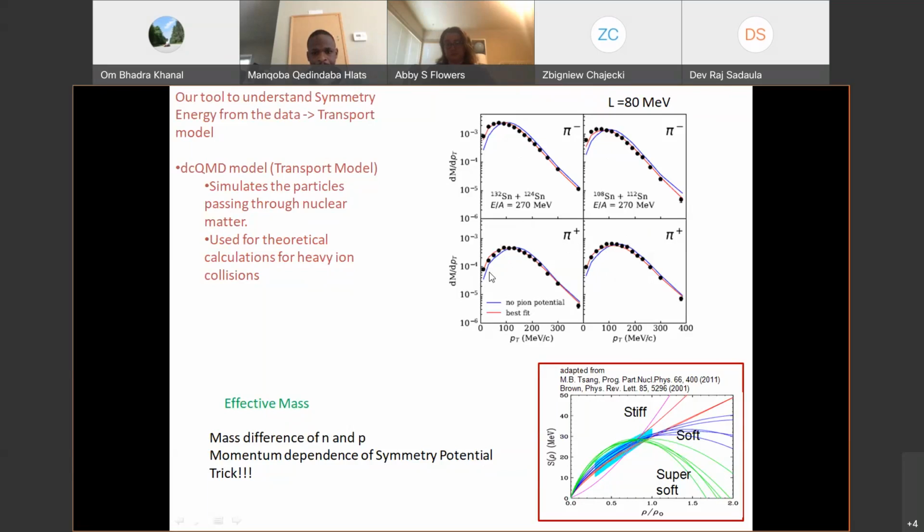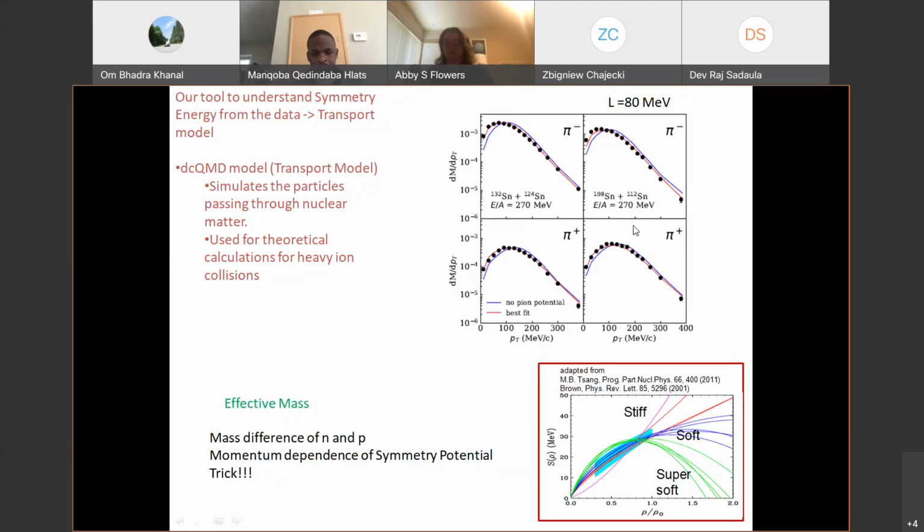And if you look above 200 MeV/c, these lines somehow agree with the experimental data. Like we can see, the pion potential does not influence the agreement with the experimental data too much for values greater than 200 MeV/c.